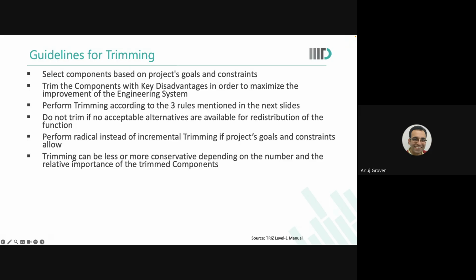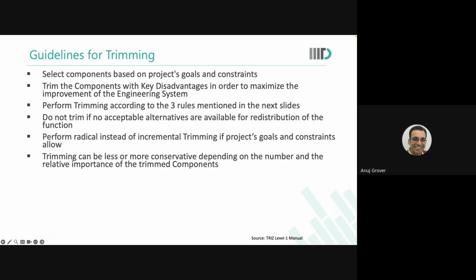So another way to quickly identify what to trim first is components which are causing harmful functions, carriers of harmful functions. Carriers of harmful functions are usually the ones that lead to key disadvantages. Definitely they are leading to some disadvantages, but the key disadvantages will also come from among them. So identify which one is the key disadvantage causing function. Trim that. Trim that means you remove that.